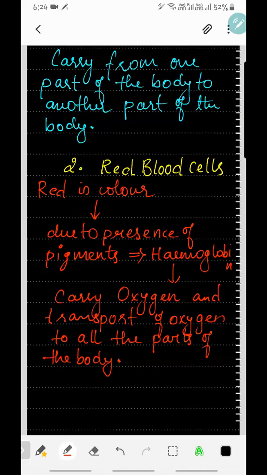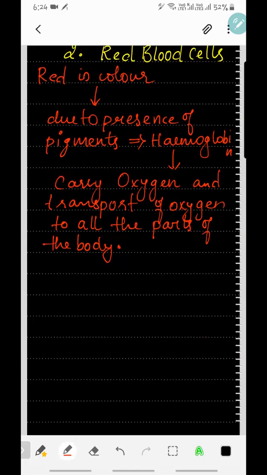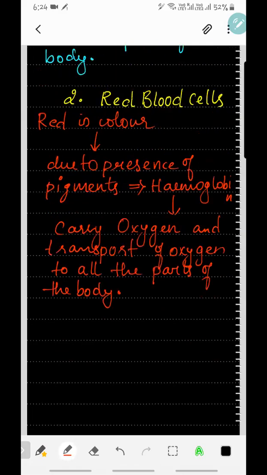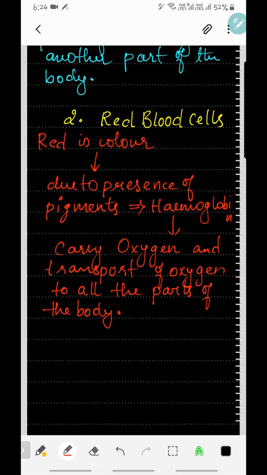All parts of the body, why? Because ultimately all the cells require oxygen for their function. So it is the presence of hemoglobin which makes the blood appear red.